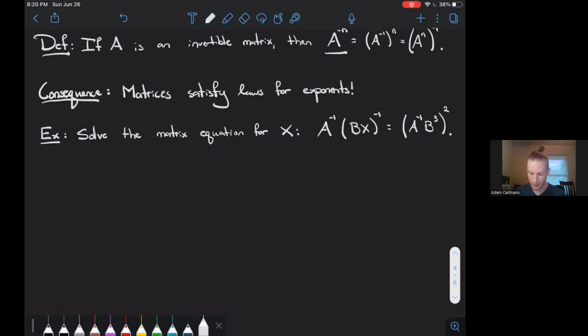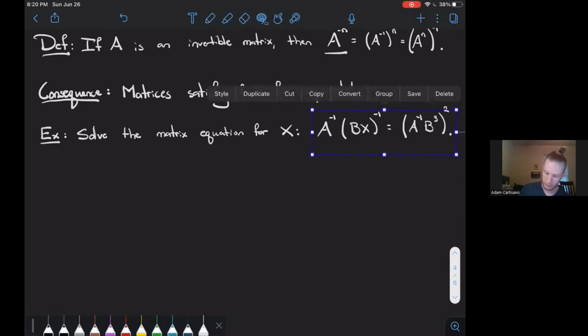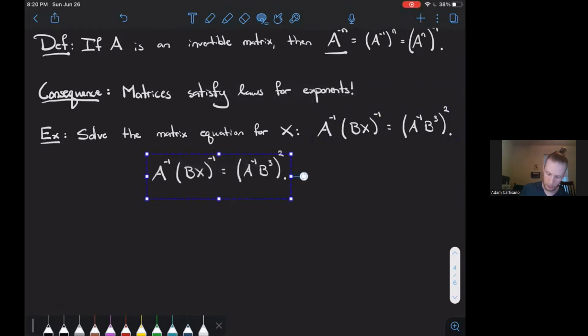So let's take a look. A inverse times BX inverse is equal to A inverse times B cubed, whole squared. I'm going to just copy paste that because that's faster than writing it again.